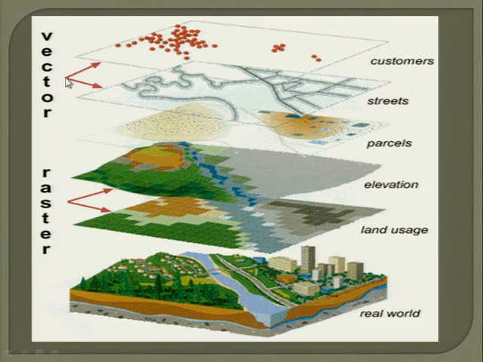A vector data can either be a point, a vector data can either be a line, but immediately you put a boundary around them, then it becomes a polygon. Now, in this instance, they've put their own customers, their own streets, their own parcels, elevation, the land usage, then you've got the final real world under the geographical information system.